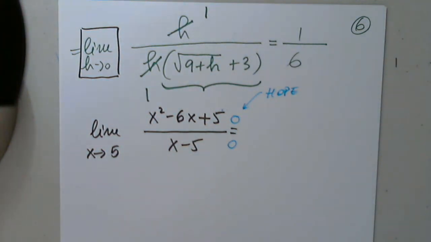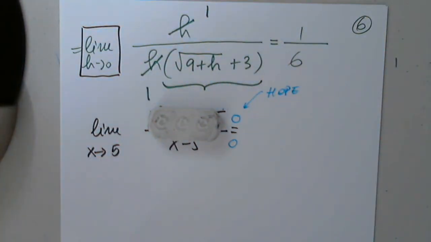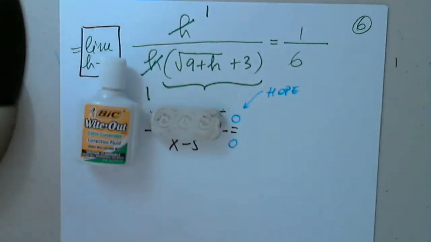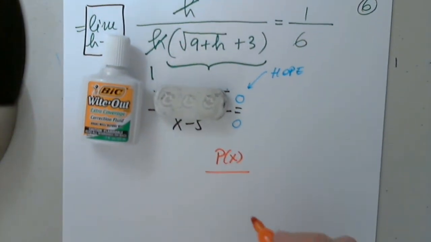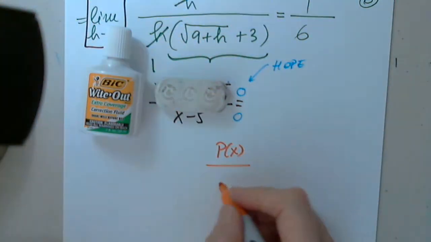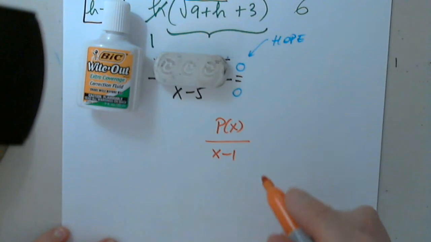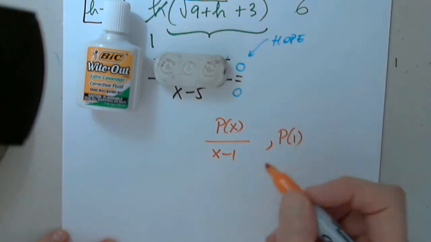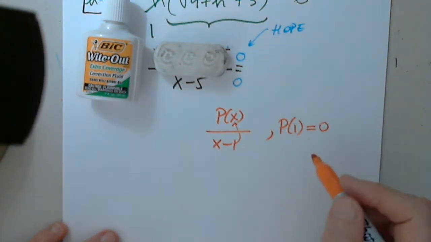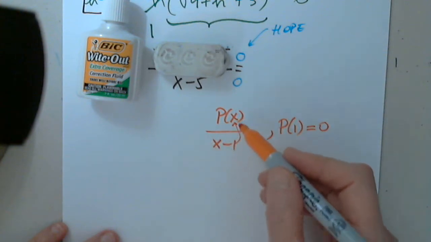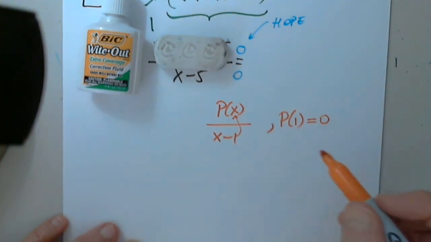So now I would like to refresh our memory on the following. If I want to divide p of x by x minus 1, and I plug in 1 in the polynomial at the top and I get 0, it is guaranteed that x minus 1 is a factor of p of x.